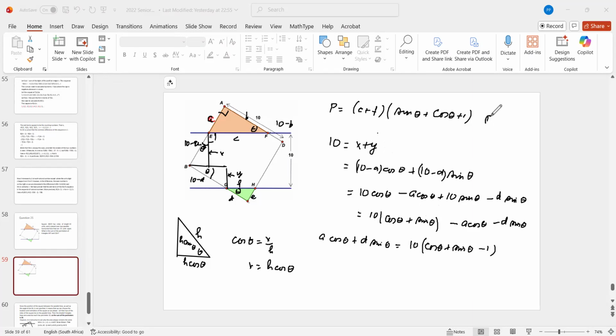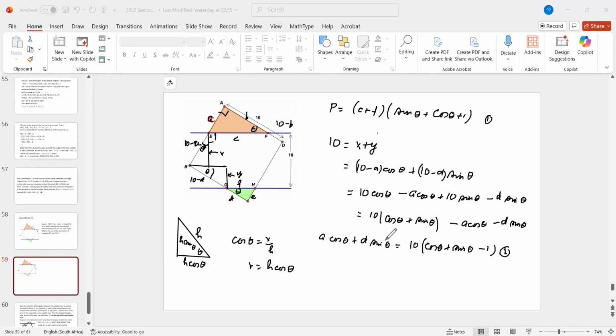So these two equations are important here now. Now what is a cos theta? So these equations are important.